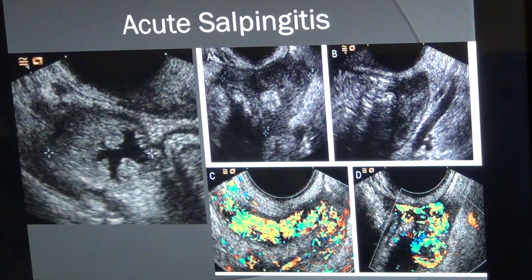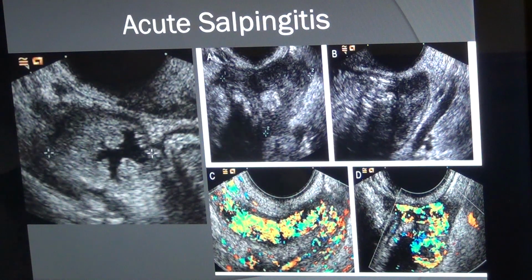Somebody may have congenital obstruction, and some salpingitis infection can be from pelvic infection. It can go into the salpinx. Sometimes the uterine infection can go into the salpinx, that can cause infection.